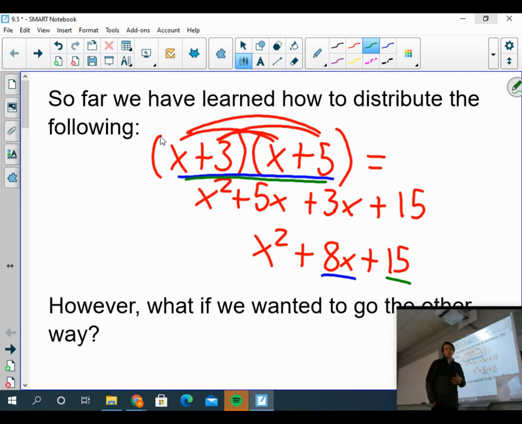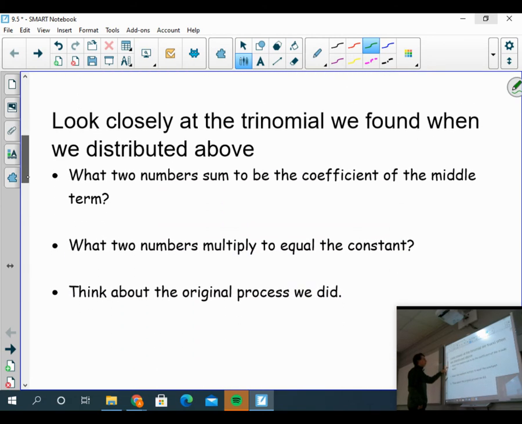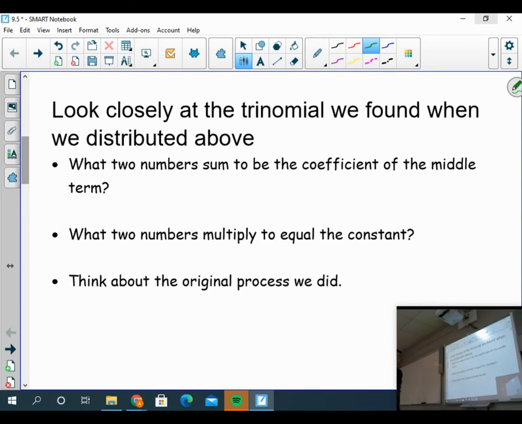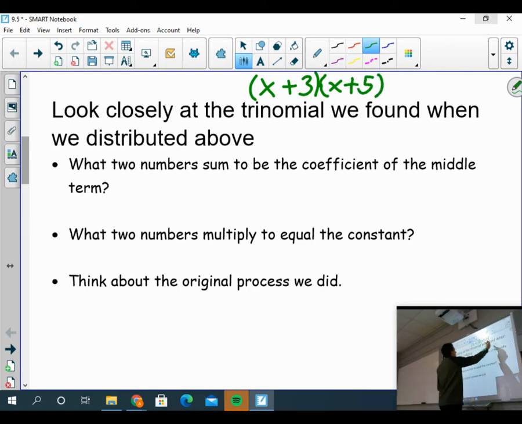And no, this isn't just a happy coincidence, and it's going to be the basis of what we talk about today. If you look closely at the trinomial we found when we distributed above, that trinomial, by the way, was x plus 3 and x plus 5. Or the two binomials multiplied together to give you the trinomial was x plus 3 times x plus 5.